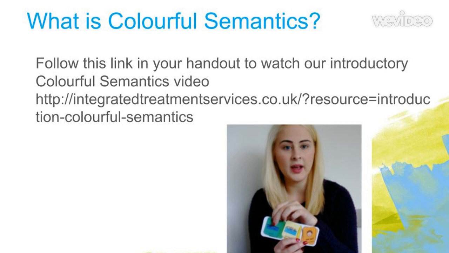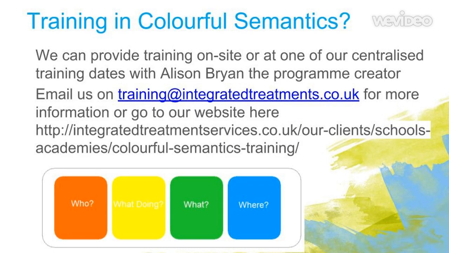Colourful semantics uses a colour system for subject, verb, object, adjective, and then goes beyond, looking at joining words in sentences, and then some of the smaller joining words in between sentences. Because it's a visual approach, it's very easy for children to start to use even when they're struggling with the actual pronunciation of speech sounds.